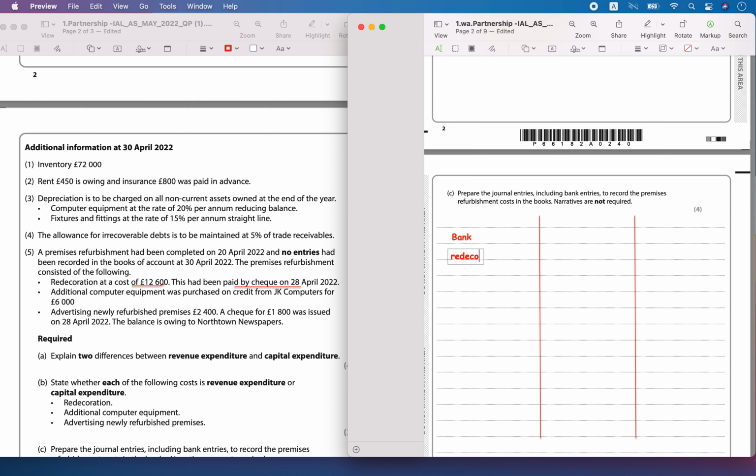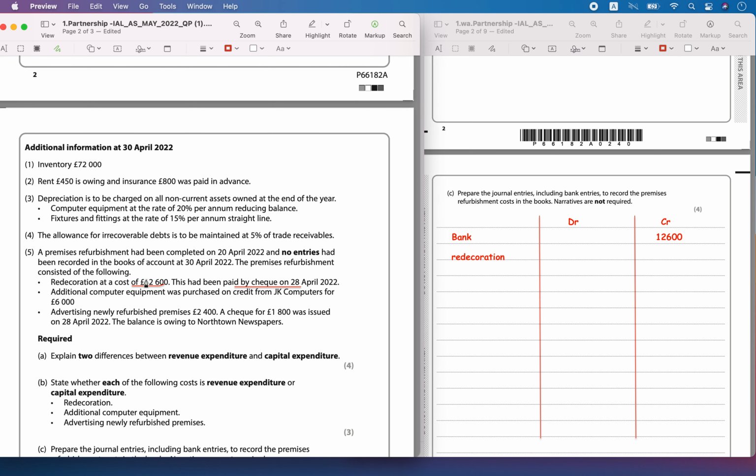Redecoration account, 12,600. Because it's going out of the bank, this is credit. So in the bank, this 12,600 is going to appear on the credit side, right? It's going out of the business.